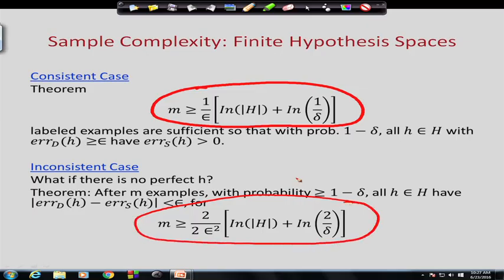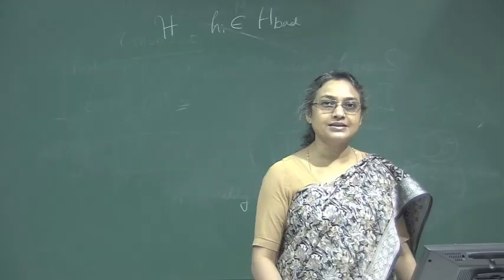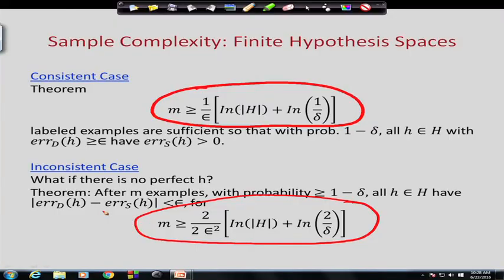So, we see that there is a lot of similarity between these relations, but in the inconsistent case, you require a larger number of examples, larger by a factor of 2 by epsilon in order to give this guarantee. What is the guarantee? The guarantee is that the true error is no more than epsilon plus sample error.